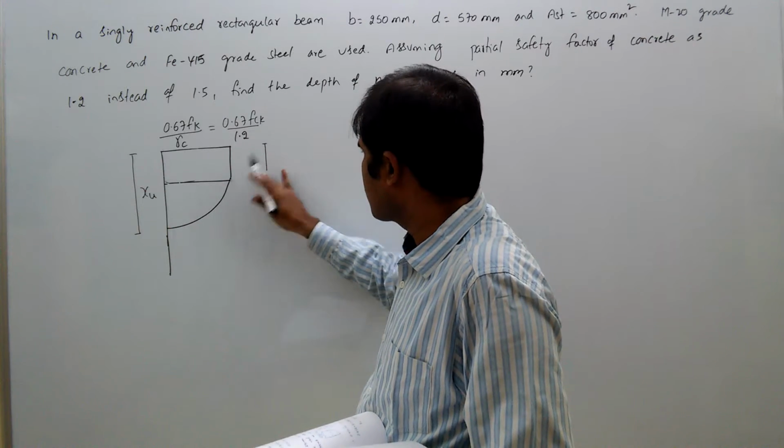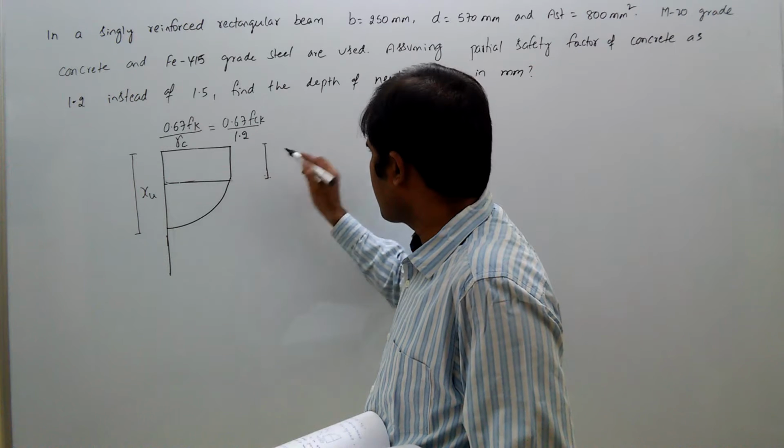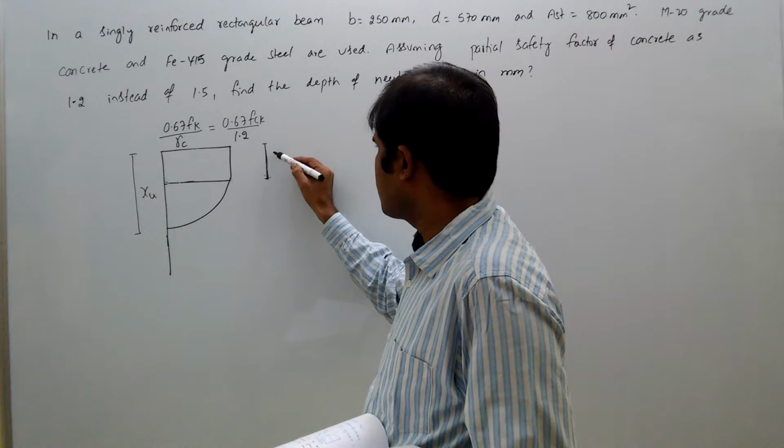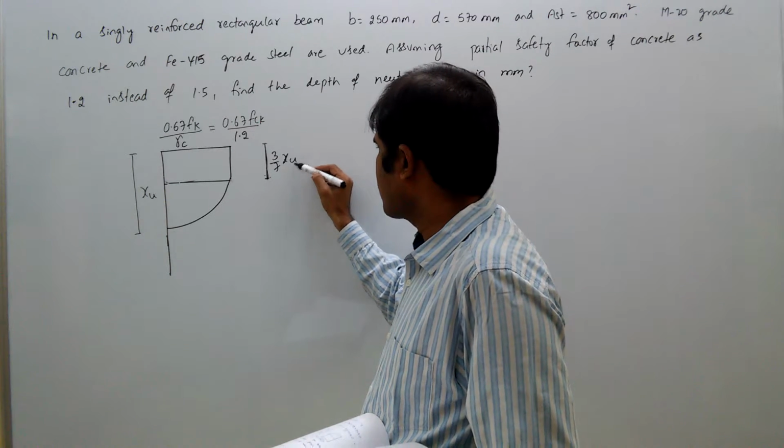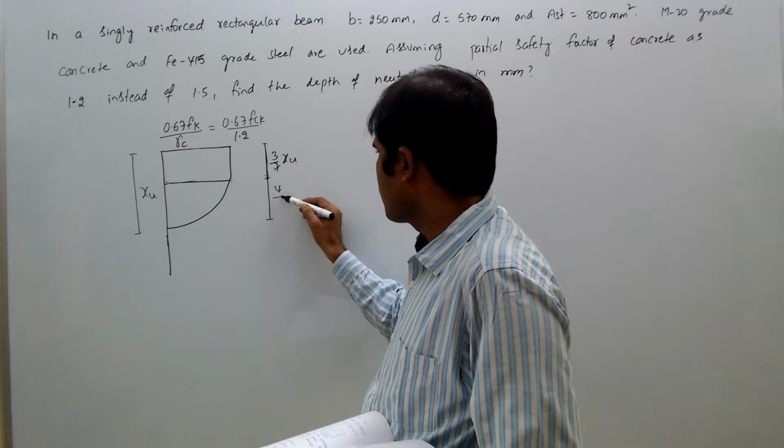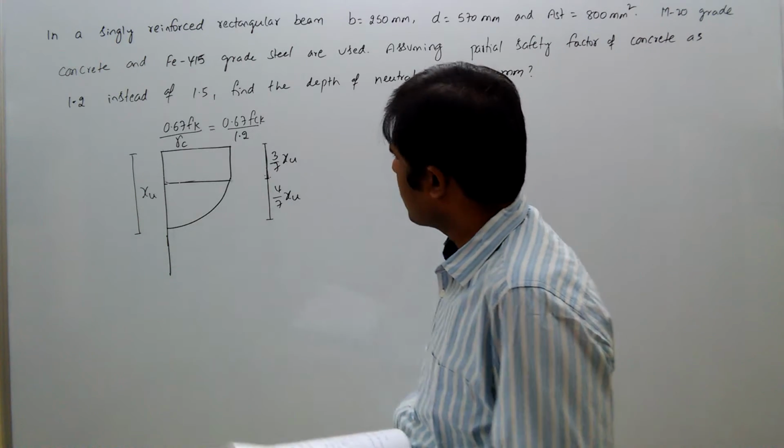XU. That means here, as per strain diagram, this is 3/7 of XU and this is 4/7 of XU.